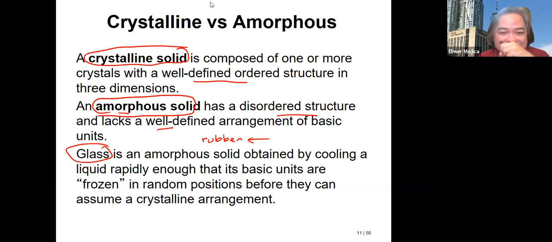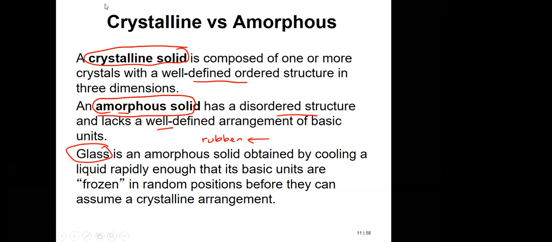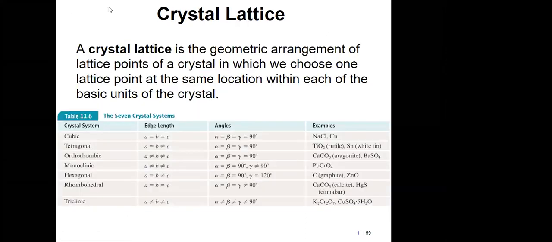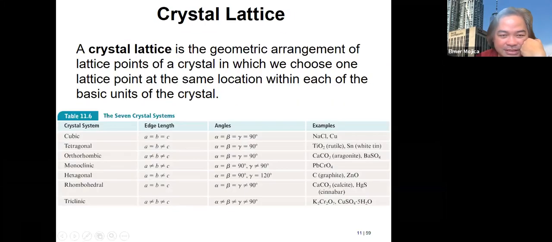Okay, now we go to the so-called crystalline solid. So we go to 140. When you look at a crystalline solid, you have the so-called crystal lattice. This is the geometric arrangement of lattice points of a crystal.